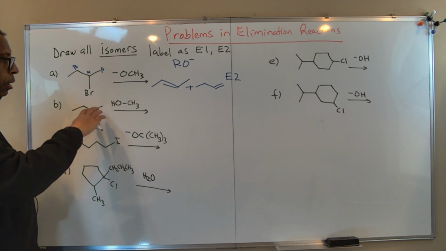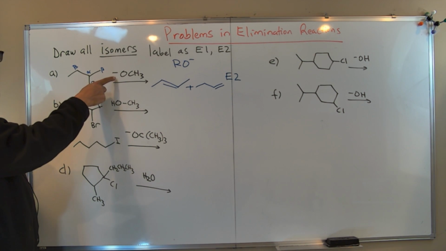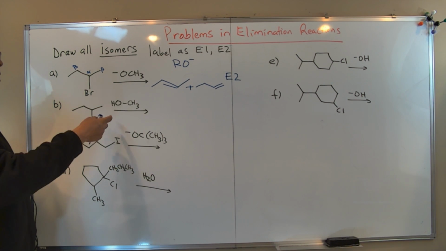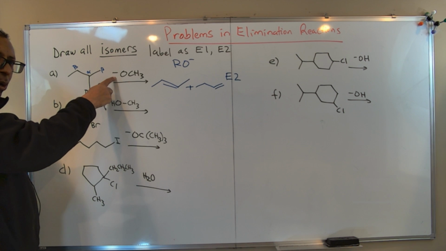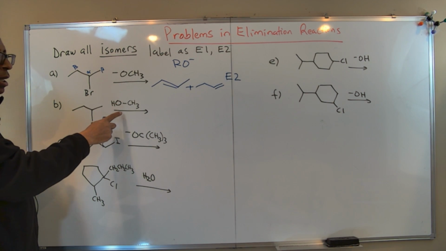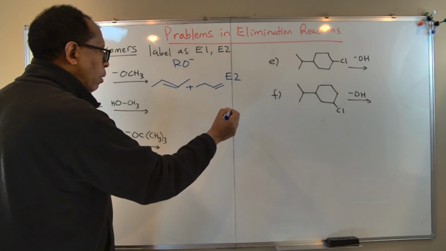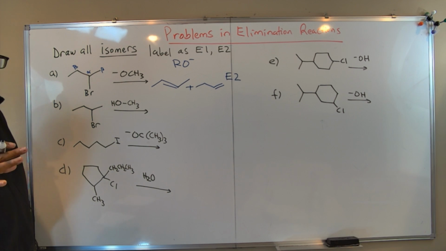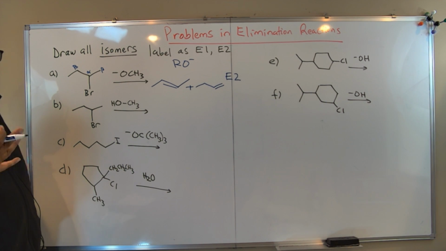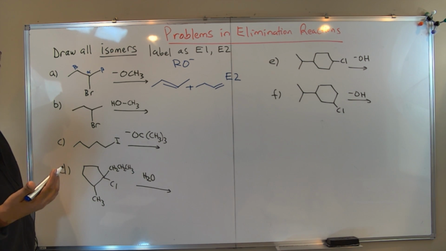Moving on to the second one, here it shows not methoxide with a full charge, but the alcohol of it, methanol. Methoxide is an alkoxide because it has a negative charge, but here this is an alcohol functional group. When it is an alcohol functional group, it is a very weak base, hence it usually goes through a carbocation mechanism.